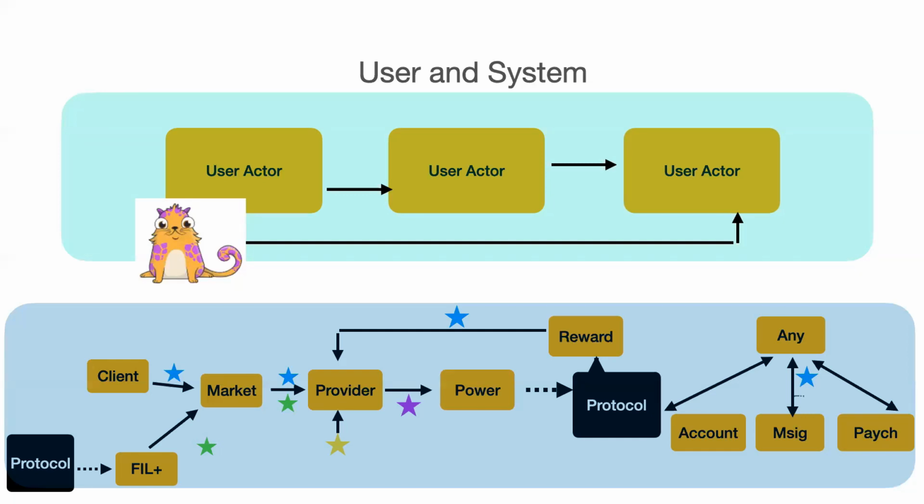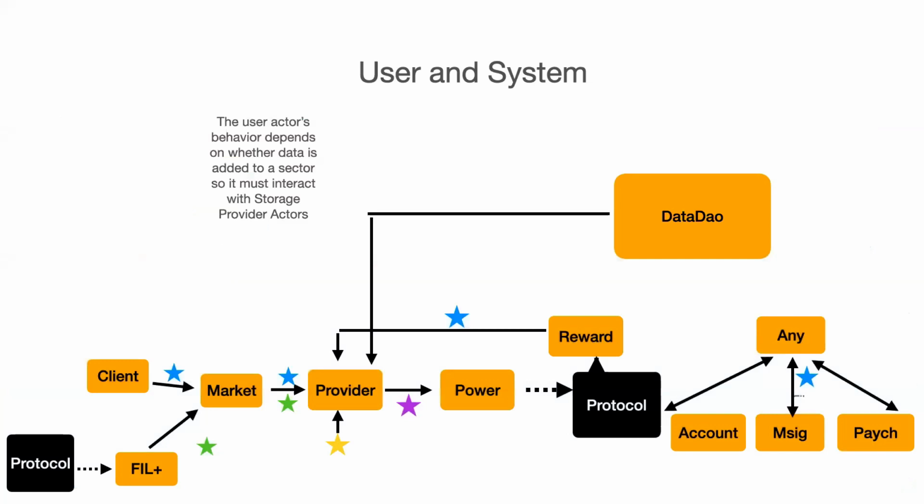I think that, at least from my perspective, what is really interesting about the FVM and programming Filecoin is that the Filecoin network has a totally new functionality, which is verifiable storage embedded into the model. So one thing that you hear people talk about a decent amount is the concept of a data DAO.